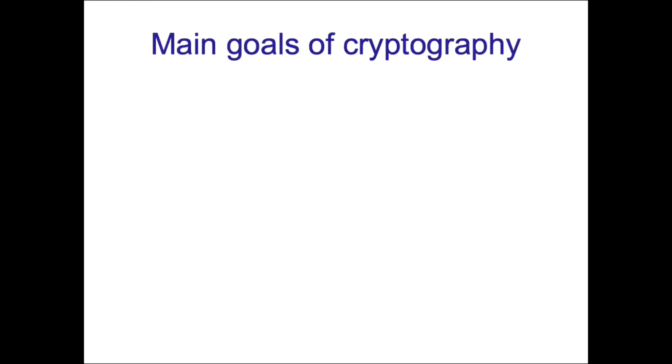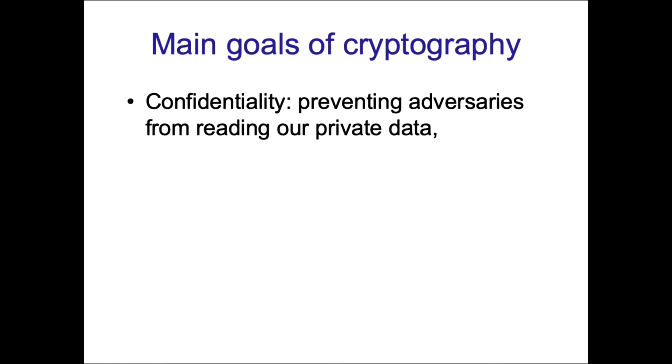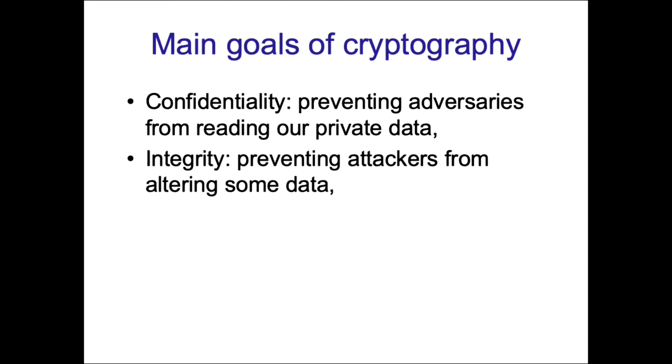All right, so there are usually a few goals that we target with cryptography. So one is confidentiality, namely preventing adversaries from reading your data. So you only want users who are authorized to see some data to see it, and no one else should. Another goal is cryptography helps us with ensuring integrity.